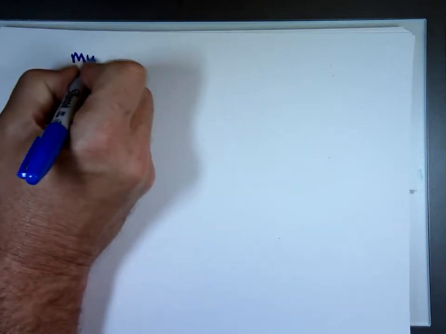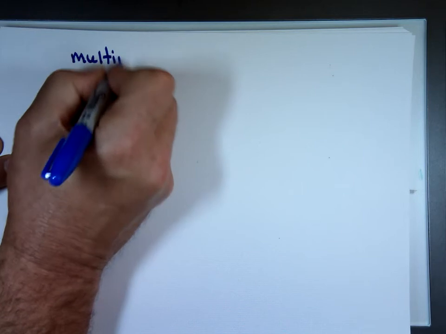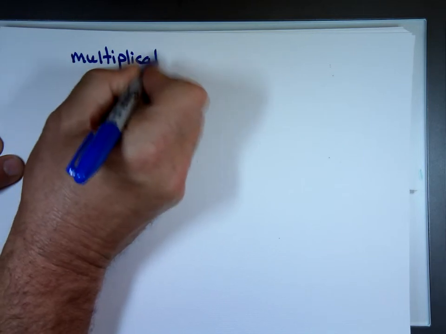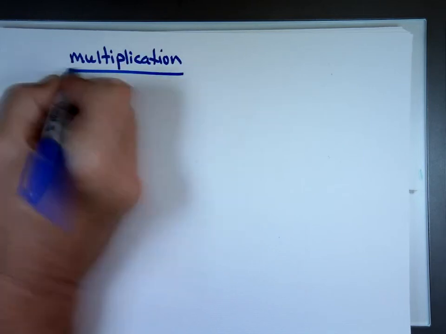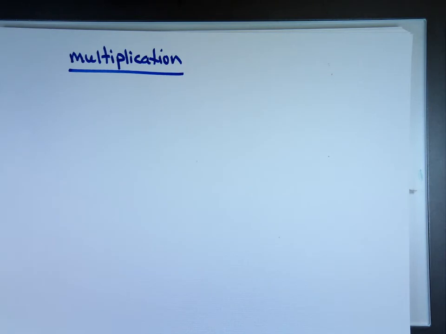Let's find the list for multiplications. It's a shorter list.